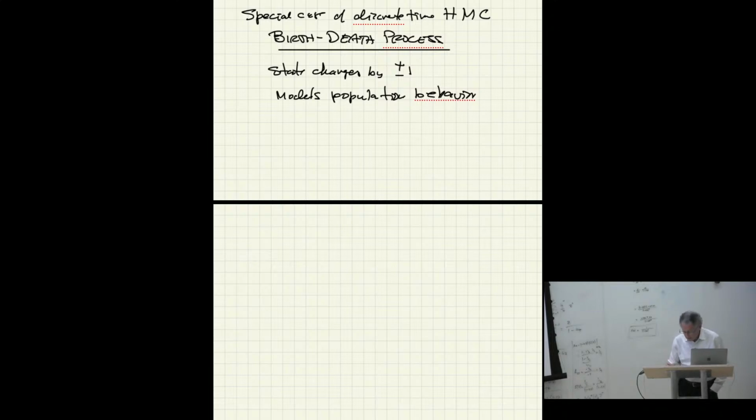So, in terms of the physics, a birth increases the population by 1. And it's the population size that we're going to use as a state variable.